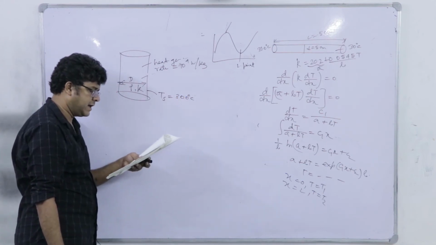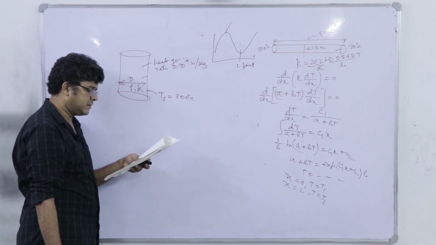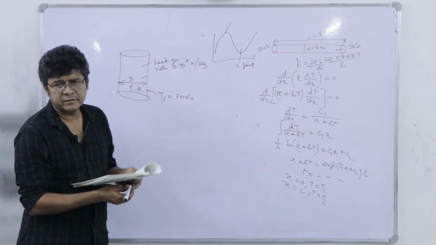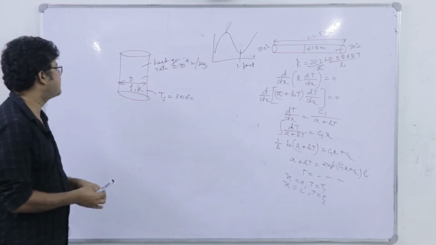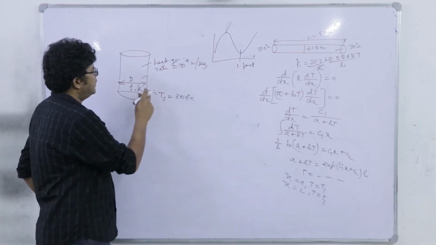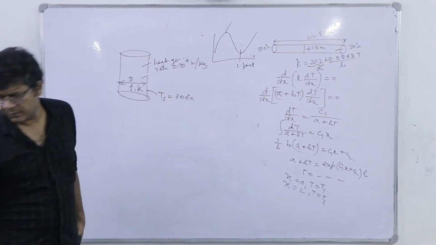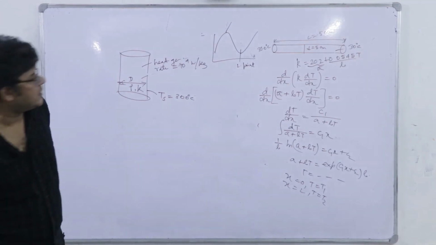Neglecting the axial and azimuthal dependence of temperature, the maximum temperature in the pellet at steady state is. So, this is a 2019 2 marks problem. You see the surface temperature is given, and we have to solve for steady state.